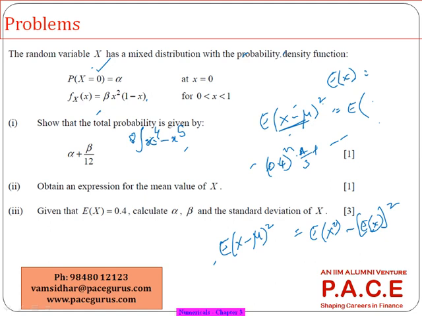I subtract 0.4 across, and I can directly do it as integration of 0 to 1, 8 into x minus 0.4 whole squared into x squared into 1 minus x. The integration of this will directly give me the variance of the continuous part. The variance of the discrete part is already available. The summation will give me the total variance.